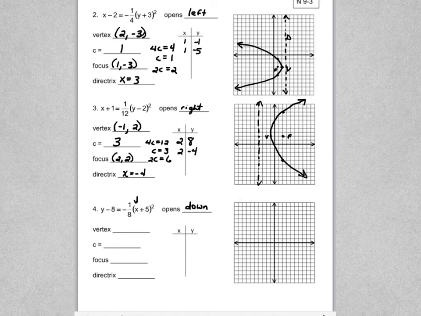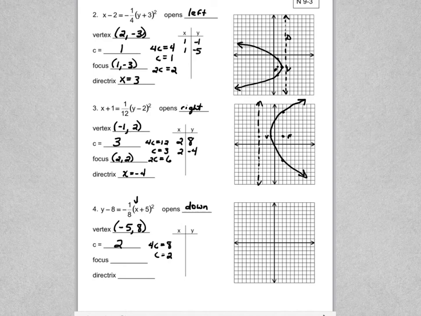So the vertex on this one, looking at the x, will be negative 5 and the y will be positive 8. 4c is equal to 8, so c is equal to 2. So that will allow us to mark the focus and the directrix.